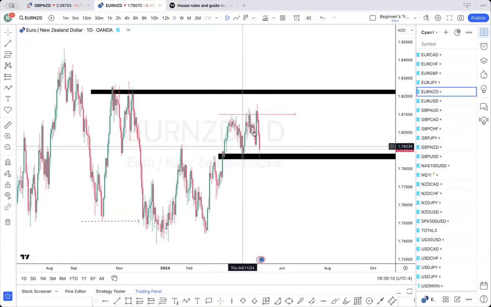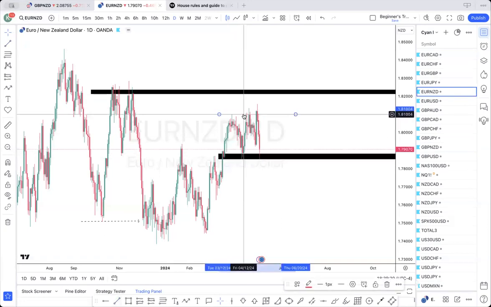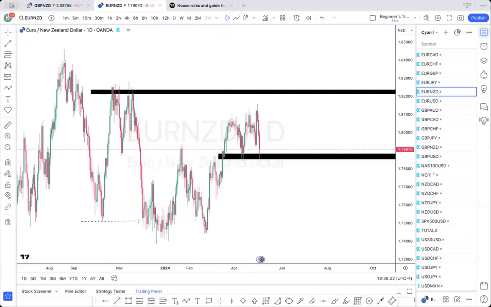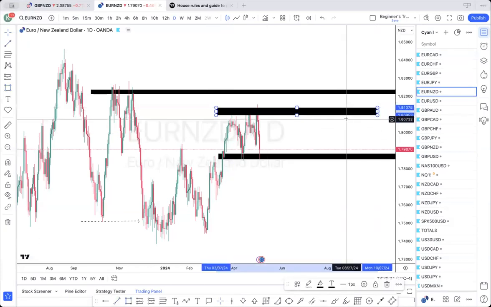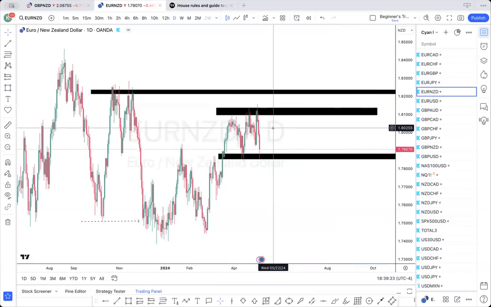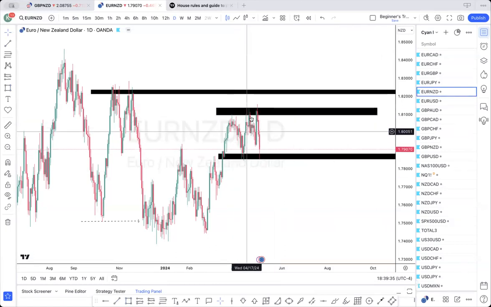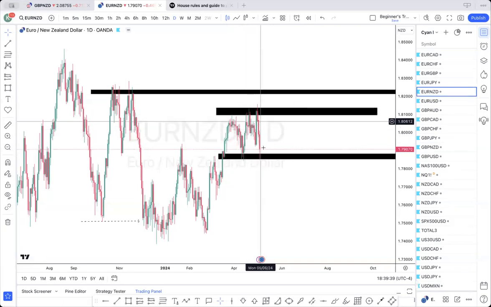So that means all of this, even this right here, all of this is the low, and this is our high. And this is a key level as well. Price came here multiple times, tap, tap, tap, tap. So this is our zone. It appears that price has been bouncing in this zone.